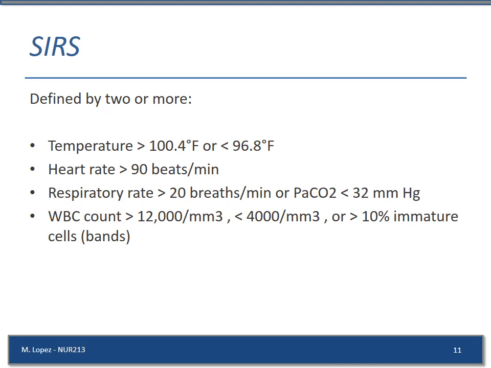That would be temperature changes, as you could see here, less than 96.8 or greater than 100.4 degrees Fahrenheit; a heart rate greater than 90 beats per minute; a respiratory rate greater than 20 breaths per minute; and a white blood count that's greater than 12,000 or greater than 10% immature cells or bands.